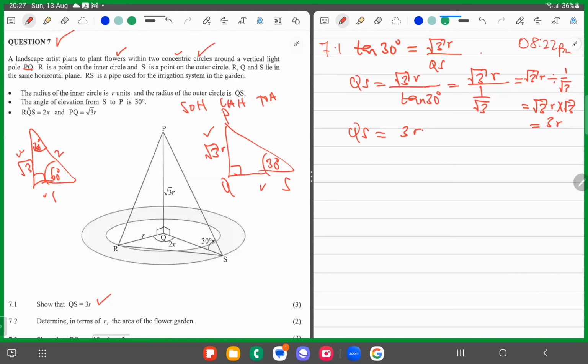Right, so the next question is 7.2. Determine in terms of R the area of the flower garden.